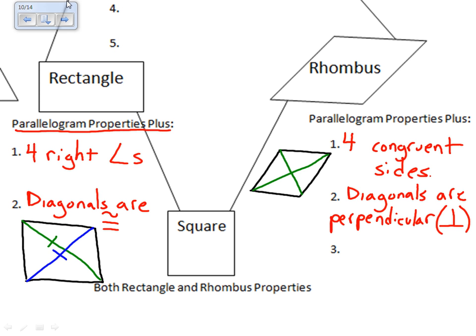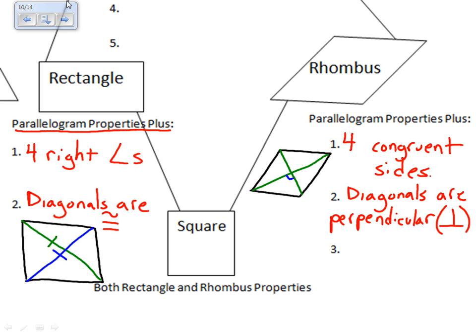If I draw it well, you can see that they make a 90-degree angle in there. Kind of nice, right? Everybody see how that 90-degree angle, where they intersect? Yep. Any questions on property number 2?